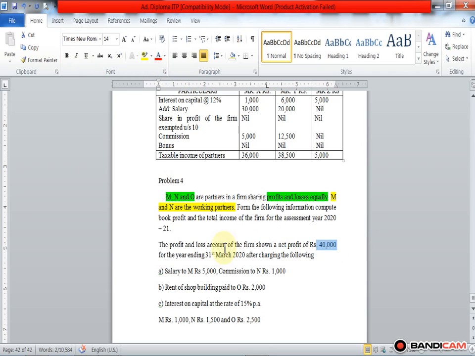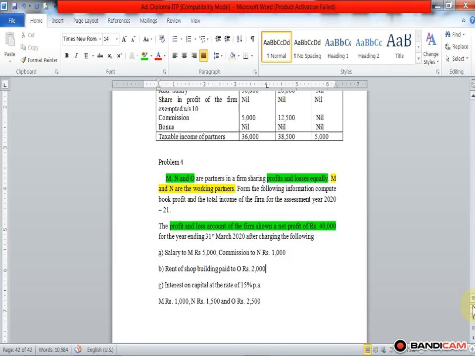Then some information is given which is recorded on the debit side of the profit and loss account: salary to M rupees 5,000 and commission to N rupees 1,000.